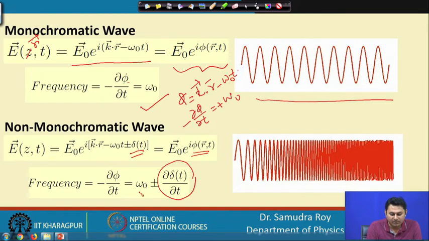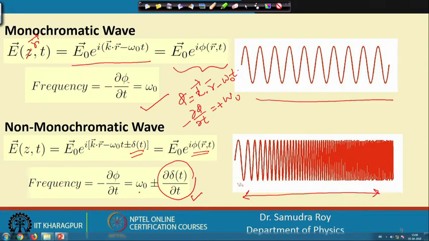So, we will find that this frequency is not omega 0 here, but with some additional term. If that is the case, then the wave should have different frequency components inside this system. So, initially we have one frequency and then find that the frequency is more and more, and that is because of this particular term, delta t del t.